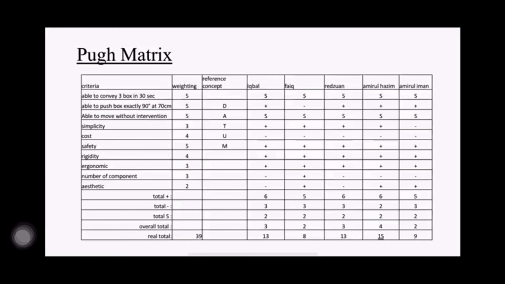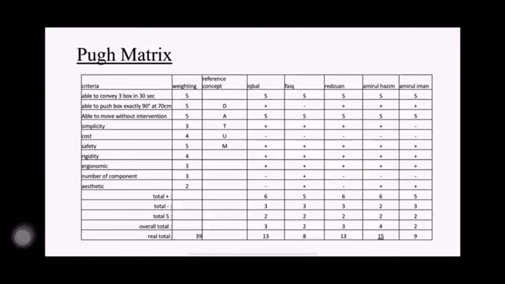There are criteria that are evaluated, and the concepts will be evaluated using plus, minus or S. Plus means there is improvement in the criteria compared to the reference design. Meanwhile, minus means the criteria is lower compared to the reference design. The S means that there is no difference between the redesign concept and the reference design.